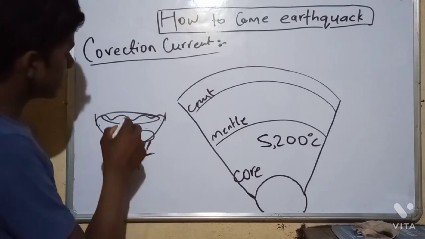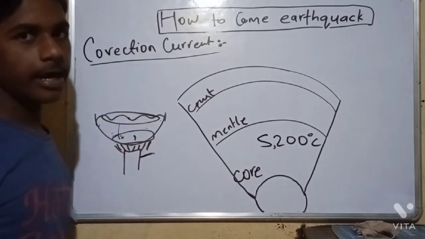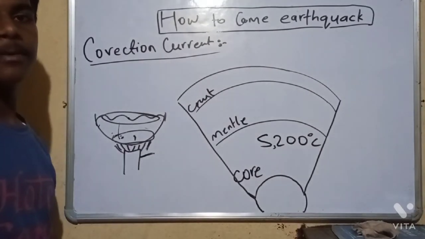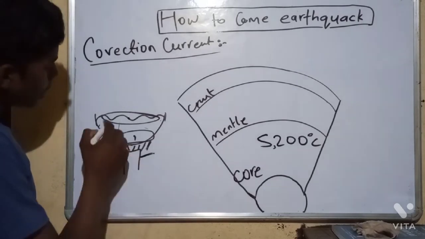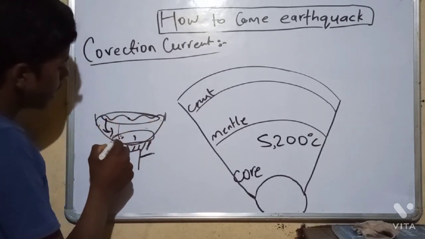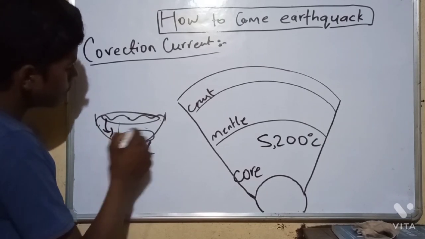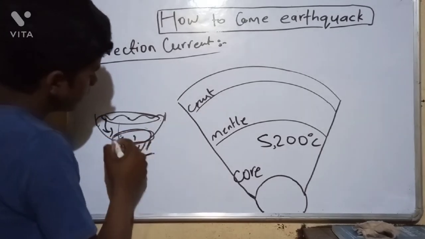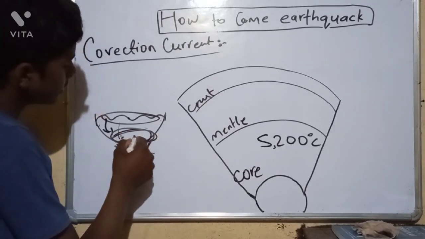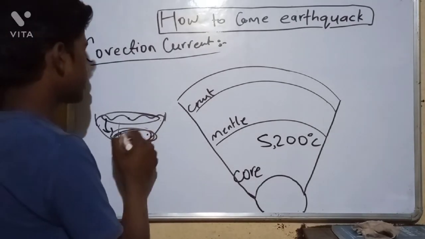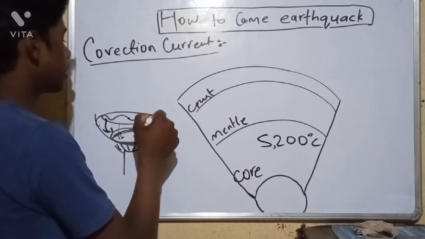We know that chilled, cold material gets heavy and comes below. Due to heaviness it comes below, and there it gets heated and lightweight again, going upside.